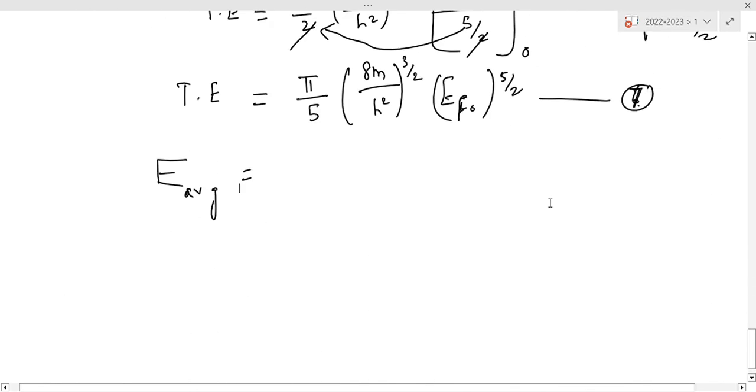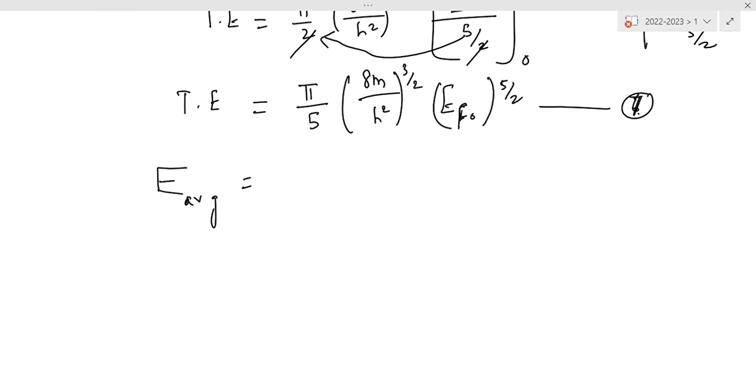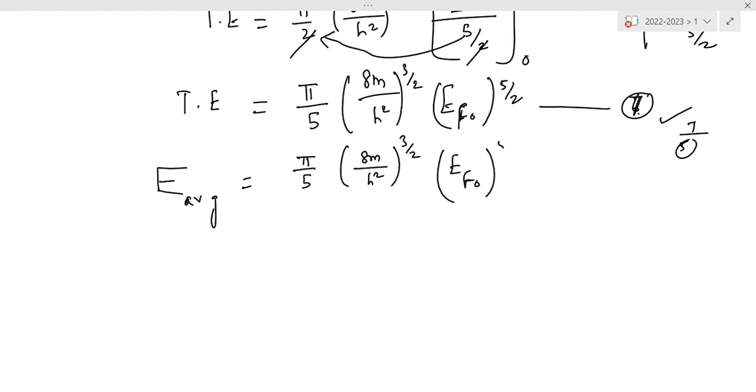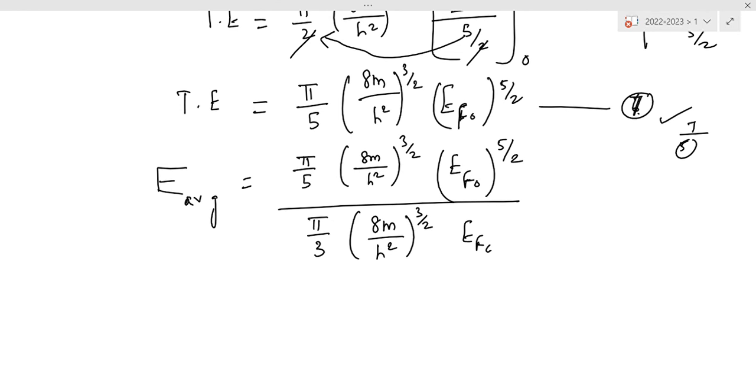So I am substituting equation 7 by equation 5 here. Equation 7 is pi by 5 (8m by h square) the whole power 3 by 2 EF naught power 5 by 2, divided by equation 5, which is pi by 3 (8m by h square) the whole power 3 by 2 EF naught power 3 by 2.